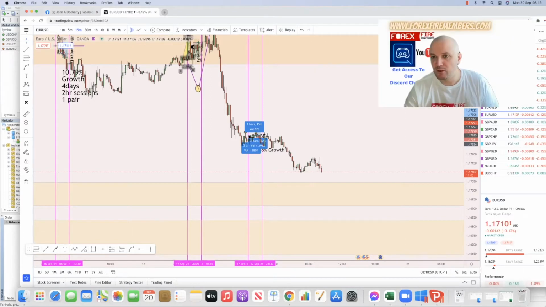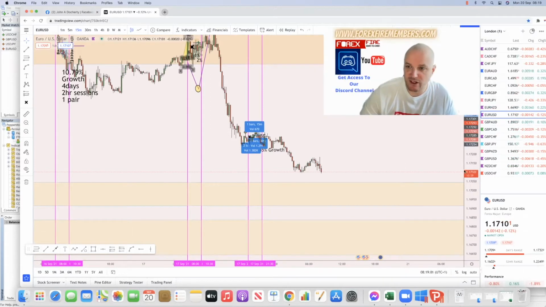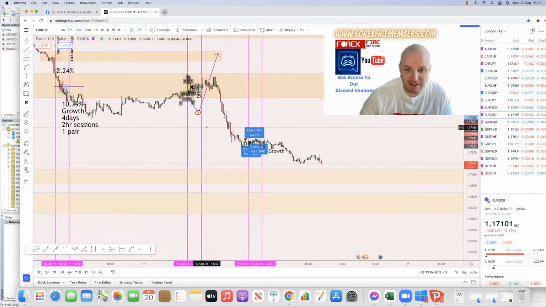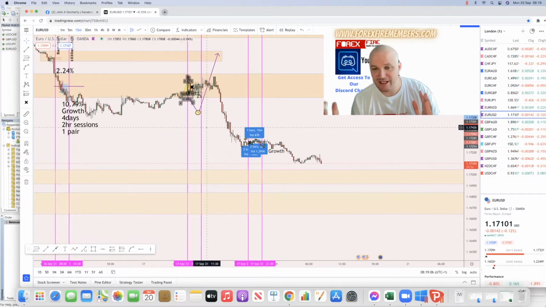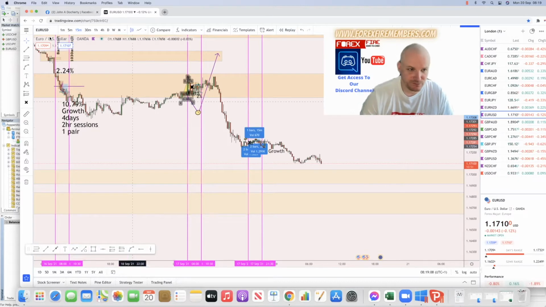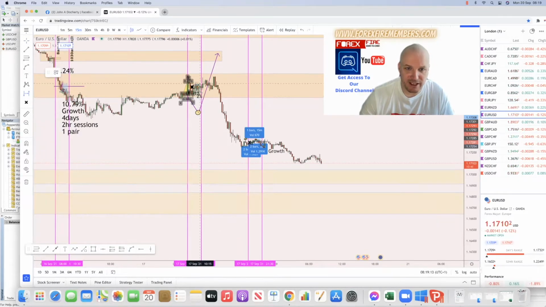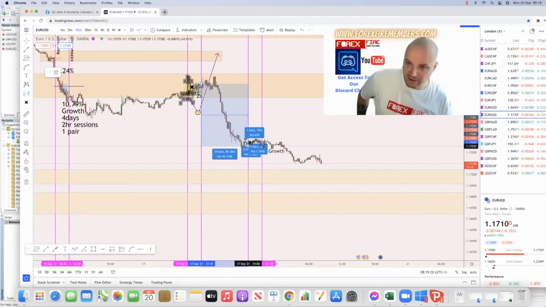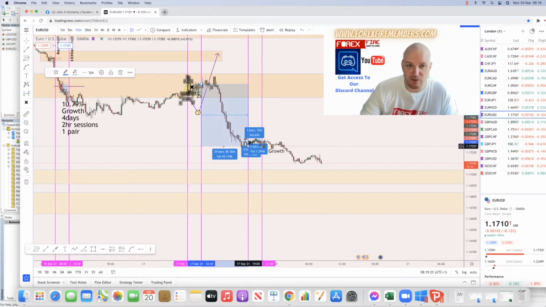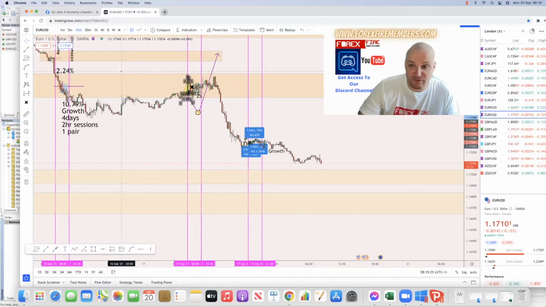So we move up 2 time frames to the 15-minute just to see where the directional bias is, because within the 2 hours you're generally going to get around 34 candles on the 15-minute time frame.